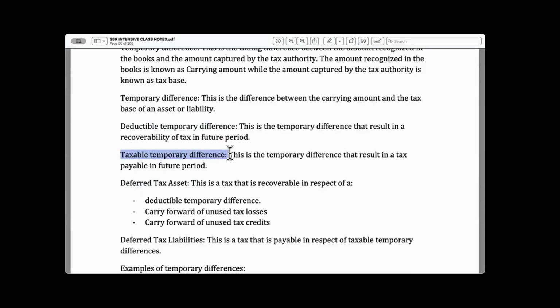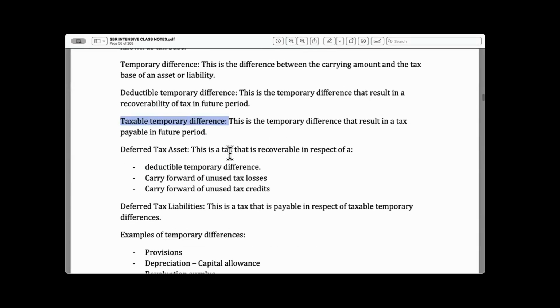A typical example is revaluation surplus. I'm going to tax it in the future when you actually earn this money. So that is a taxable temporary difference, and since you'll be taxed in the future, when you apply 30% on that, you get deferred tax liabilities.